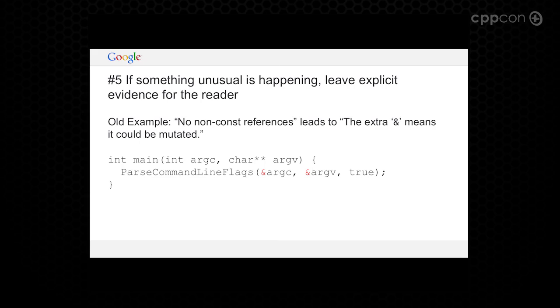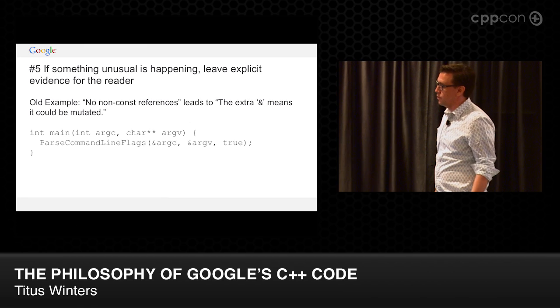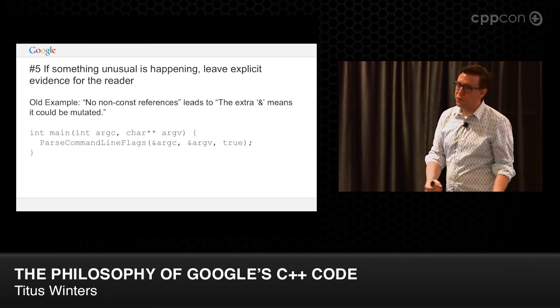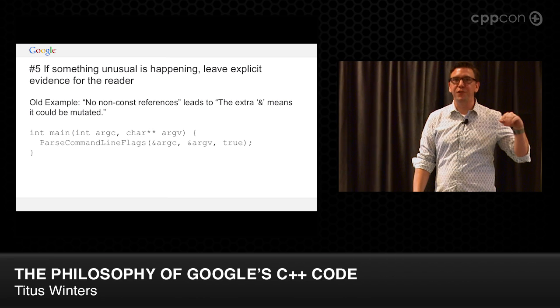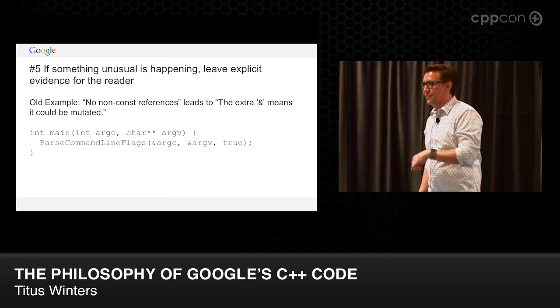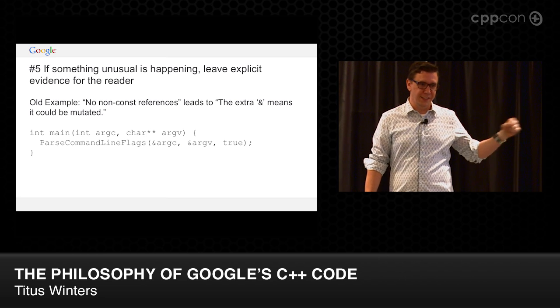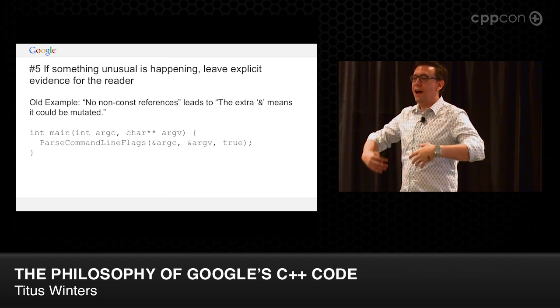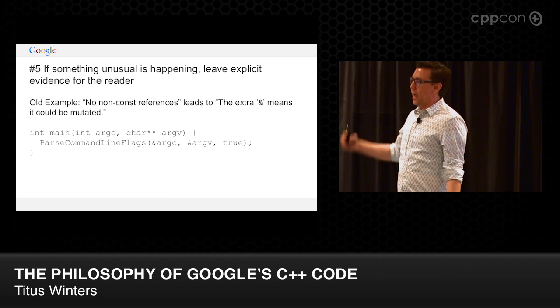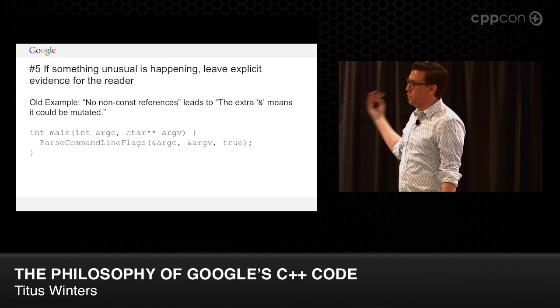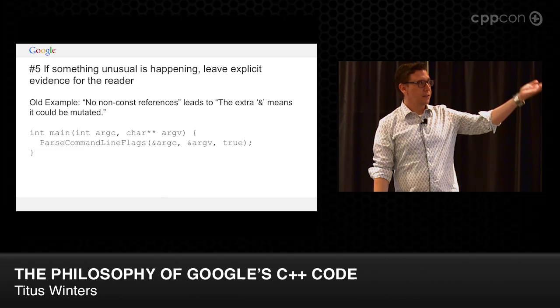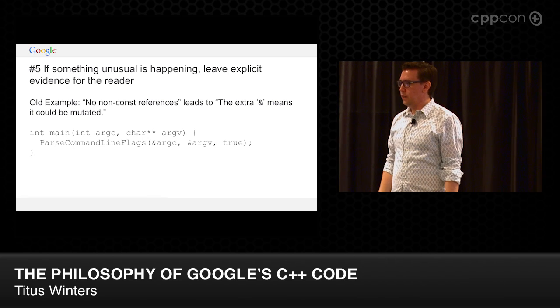One of my absolute favorite rules: if something unusual is happening, leave an explicit trace for the reader. The old example of this stems from no non-const references. If you only pass const ref through interfaces, that is, as a function argument you do not take non-const references, then when you have a value and you want to pass it to a function that might mutate it, by necessity, you have to add the ampersands.